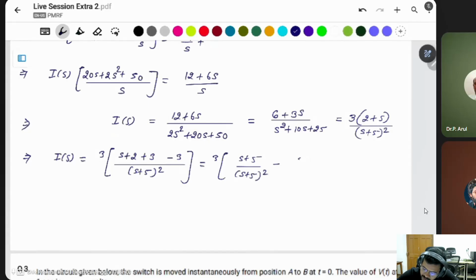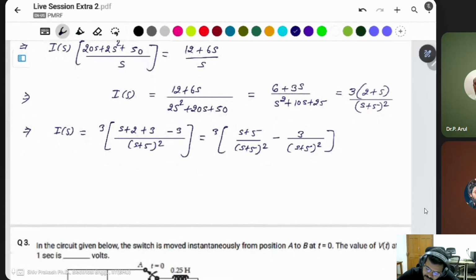I separate this thing. One S plus 5 is cancelled out in this case. That's right. This will be 1 divided by S plus 5 minus of 3 divided by S plus 5 square.